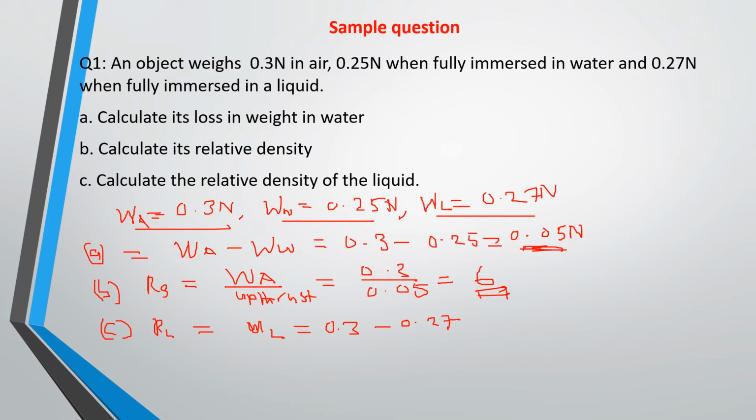This will give you your upthrust in liquid. The upthrust in water is what we have already calculated before, 0.3 minus 0.25. So when you do this, this will give you 0.03, and this will also give you 0.05.